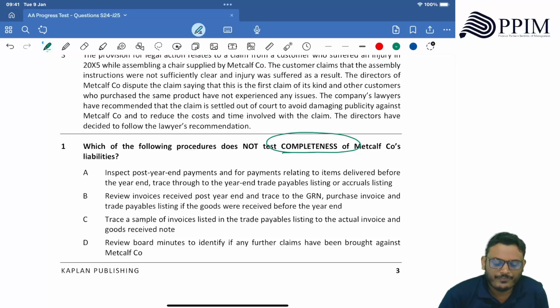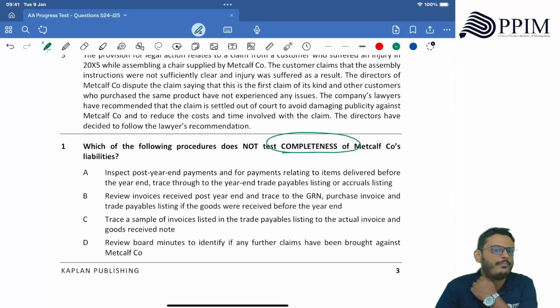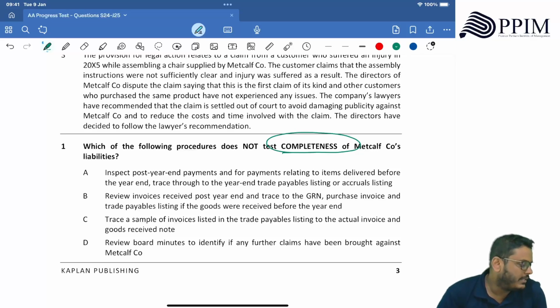But here, which of the following procedures does not test completeness of company's liability? So liability is a balance sheet item, and they are asking which one will not test completeness. So that is the question.